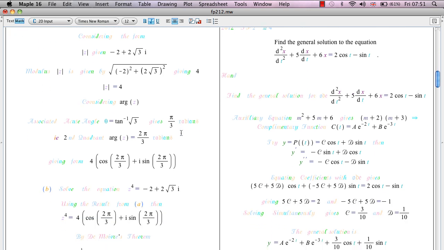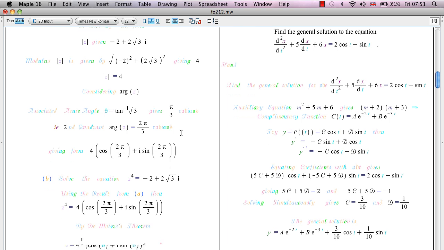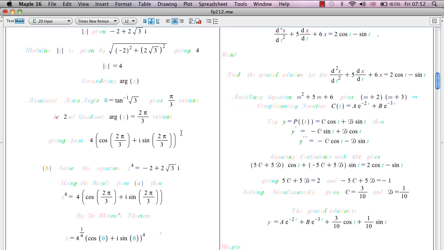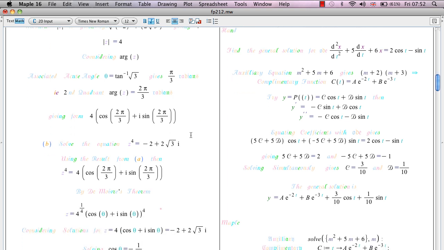So the modulus evaluates to 4 and the argument to 2 pi over 3. So we can write down the form.